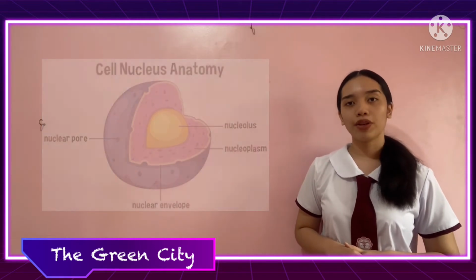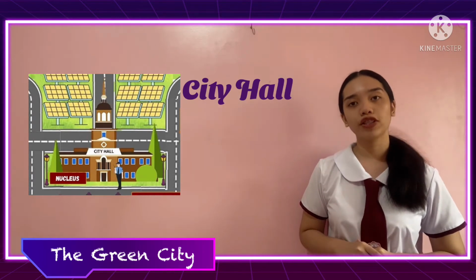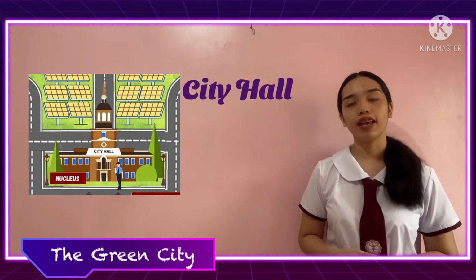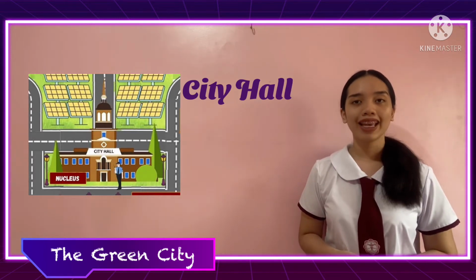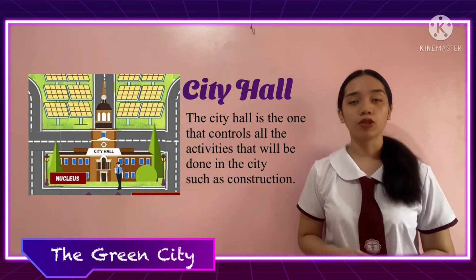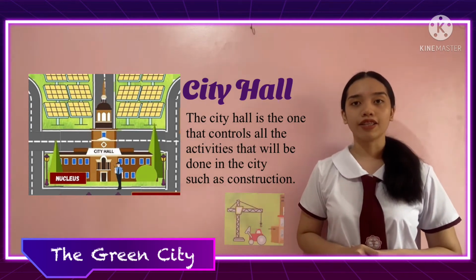In the same way, the city hall is located in the center, so it can reach the other parts of the city easily and the residents can locate it quickly. The city hall controls all the activities that will be done in the city, such as construction.